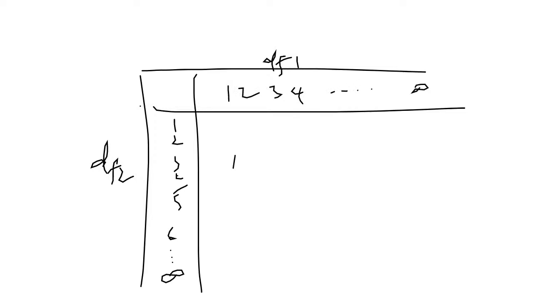Now this particular matrix will have a lot of values. Now remember, we were talking of df1 is equal to 9 because there were 10, and df2 is equal to 5 because there were 6. So we are looking at 9 and 5.